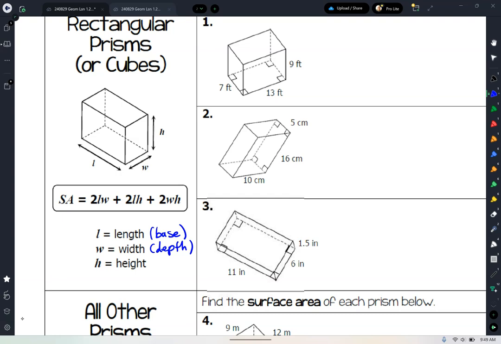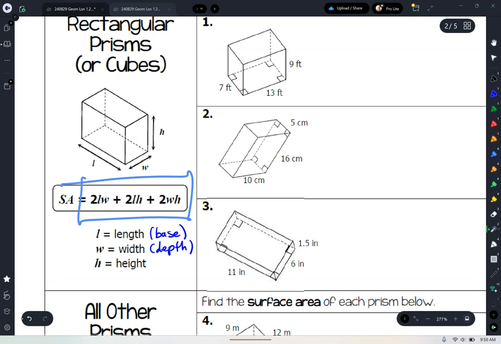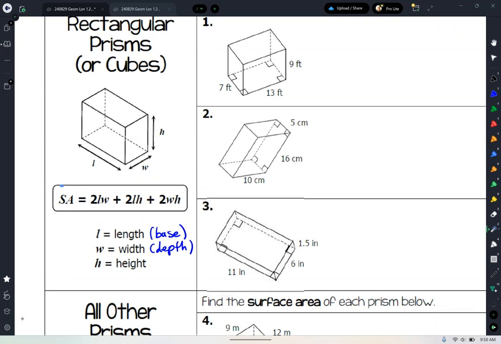All right, so if you think about this particular shape, this formula is a very logical formula. It's like the perimeter formula when we were finding the perimeter of a shape. Let's just think about the area of this front plane right here. If we wanted to know the area of that front plane, that's finding the area of a rectangle, and we would do that by multiplying length times height.